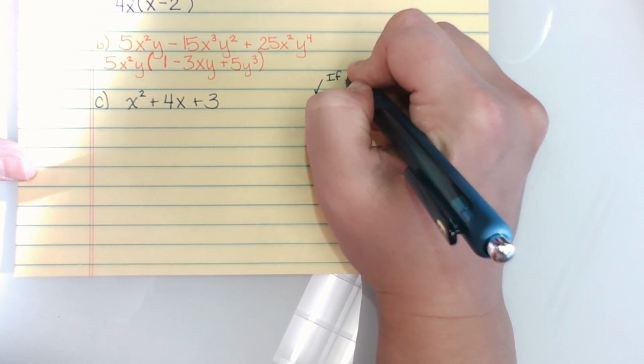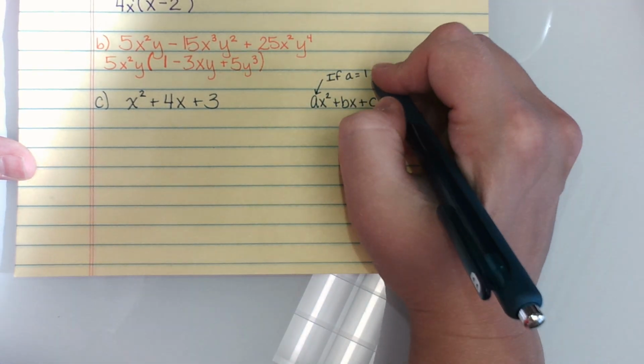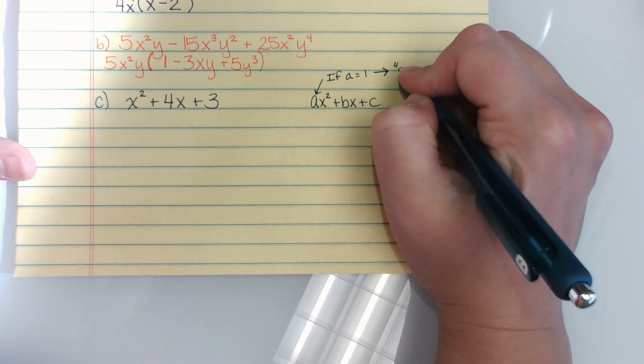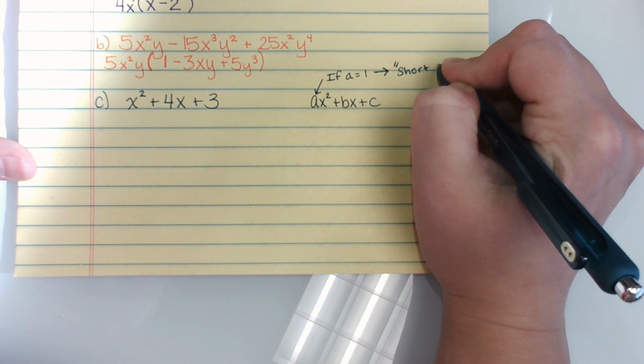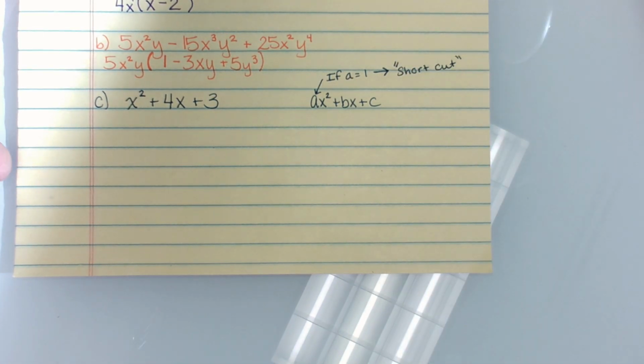Yep. If a is equal to 1, you can do what I call the shortcut in factoring. It's a shortcut because there is a longer way of factoring when a is not 1. We're going to talk about that factoring tomorrow.